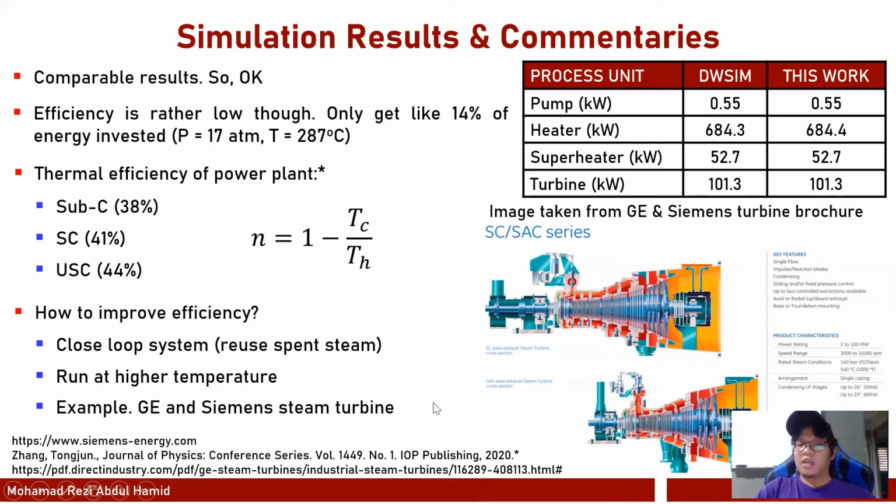An example, as I have mentioned, GE steam turbine, Siemens steam turbine, you can just go and look at the manufacturer's specification. You'll see that they can run at high temperatures and high pressures. So 287 is nothing, I guess. But that's what the example says, so I'm just going to follow.